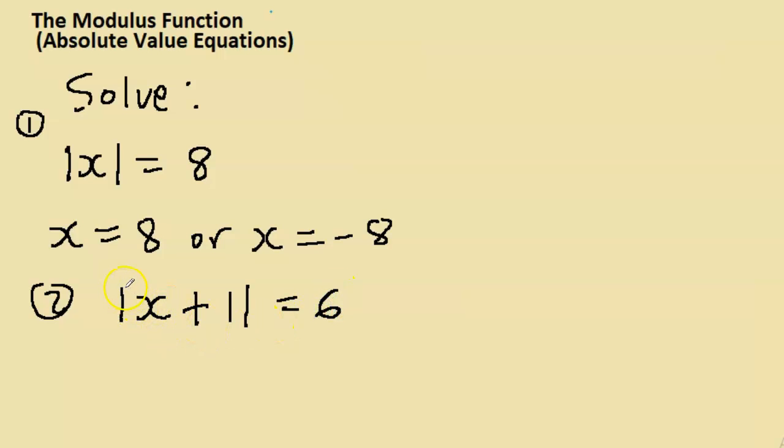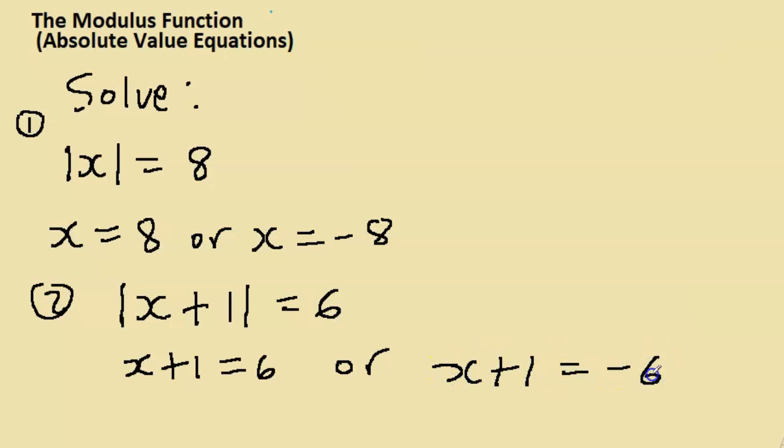Again, whatever you have between these strokes here can either be 6 or it can be negative 6, because the modulus of 6 is 6 and the modulus of minus 6 is also 6.